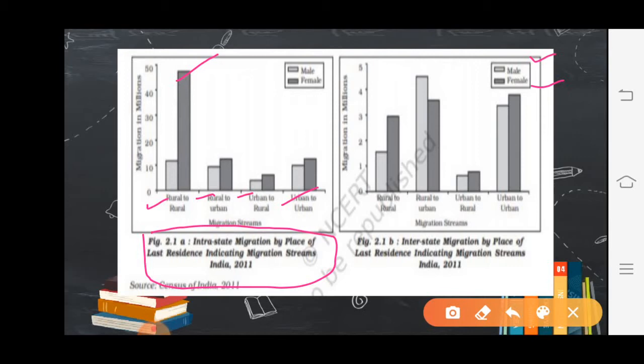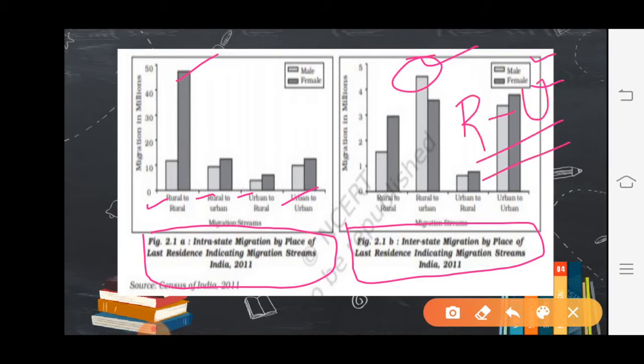Let us come onto the right hand side of the bar diagram. Among the 4 streams of migration, you see that we have rural to urban migration taking place in larger numbers, and it's the males who are migrating in larger numbers from the rural areas to urban areas for many reasons, like employment, better opportunities, better wages, etc. The largest stream of migration in India is rural to urban migration, and males migrate larger in number in this stream.